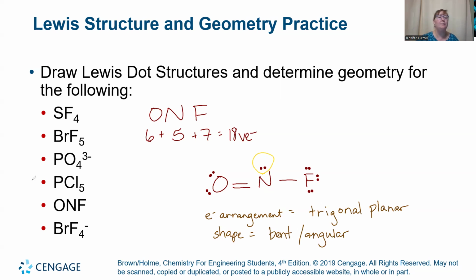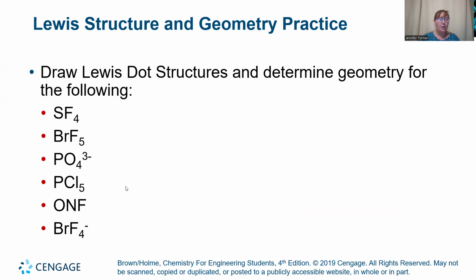It's mighty tricky. And I'm going to draw it so that you can see it just as easily as possible. Okay. So here we have our BrF4. And notice that there's a minus sign here. That means that this is an ion. Okay. So our bromine has 7 valence electrons.